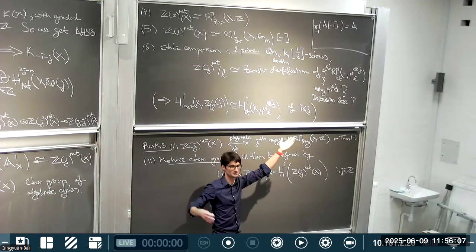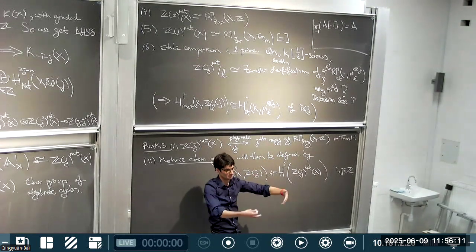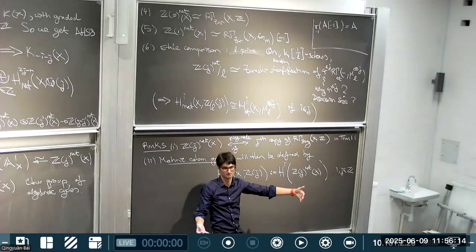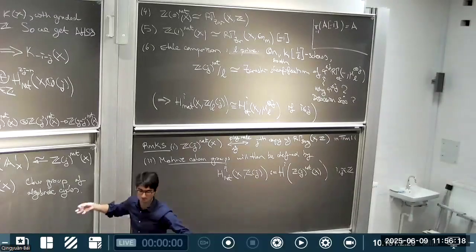So you've got an isomorphism between some Milnor K theory mod L and some tau cohomology, and that's the Bloch-Kato conjecture. That gets you a field model. So it's somehow a deep theorem.